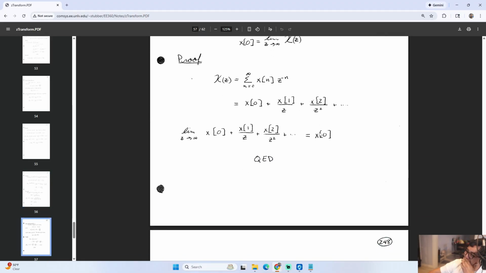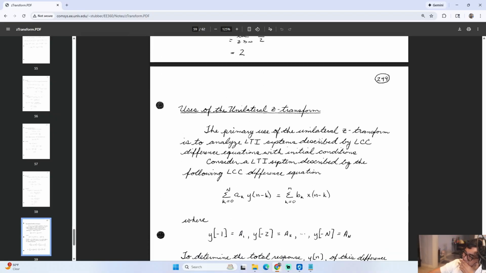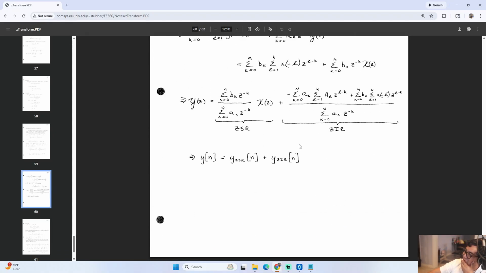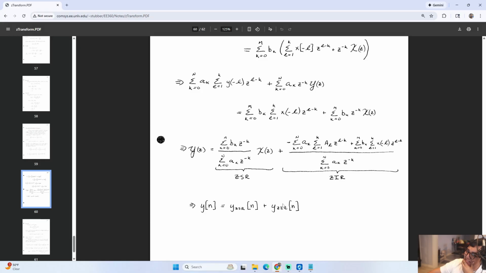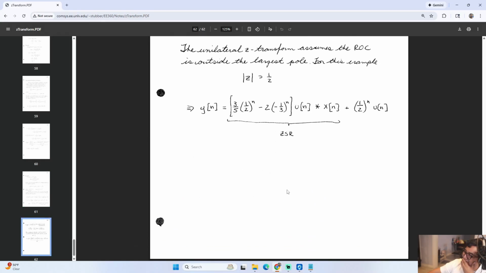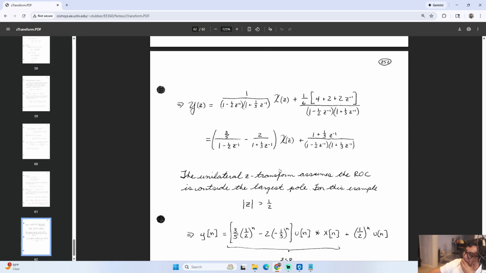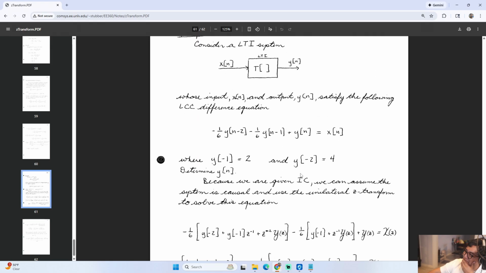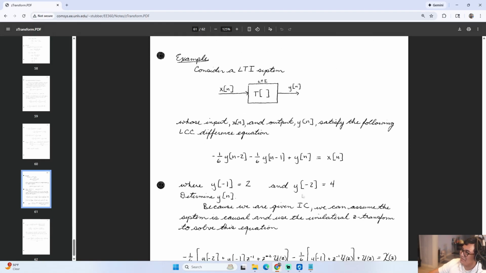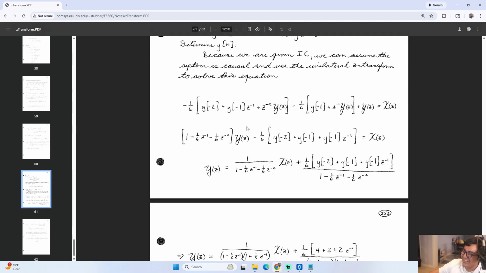I want to see if it gives you an exam problem. And then, oh yeah, ZSR, ZIR, memorize that too. And then, oh, this is an exam problem. Anyways, definitely do this problem because I think this actually might be your exam problem. And it gives you all the steps.